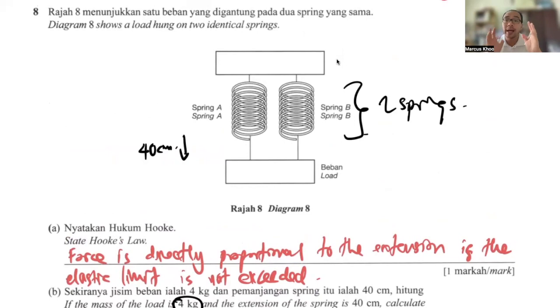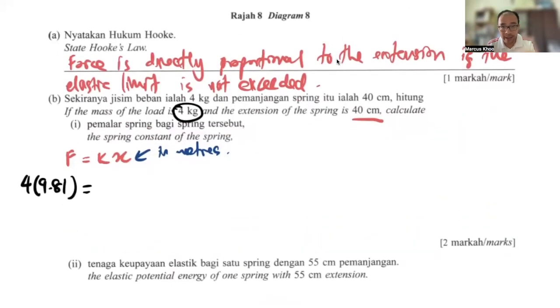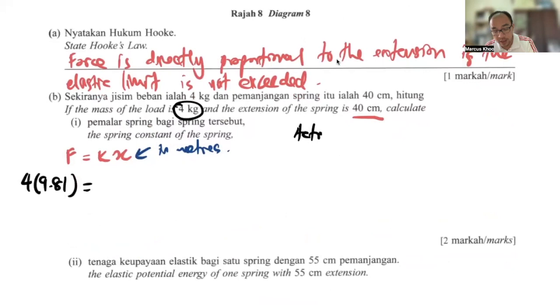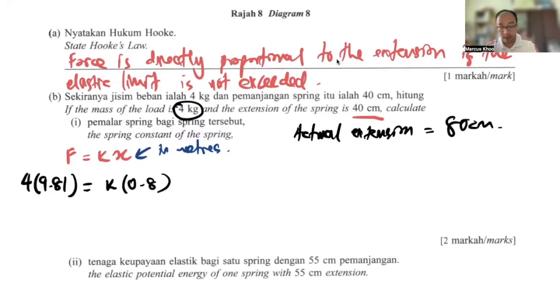So the actual extension, if it is just one spring, will be 80 cm, because 40 cm is already divided by 2. If you just put one spring there, it will extend up to 80 cm, which you change to meters to be 0.8. So this will be K times 0.8. Okay, so you will get K equals 49.05 Newton per meter.